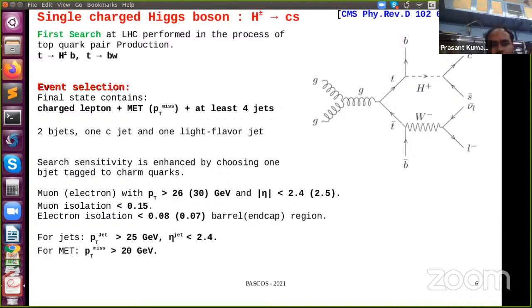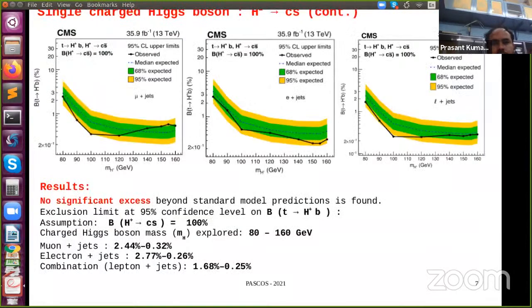The muon and electrons in the final state have been chosen with pT greater than 26 and 30 GeV within the acceptance eta, and the isolation cuts for muon and electron have been used in the barrel and endcap regions. For the jets, the jet pT is greater than 25 GeV, and for missing transverse pT greater than 20 GeV. So if we move on to the next slide.